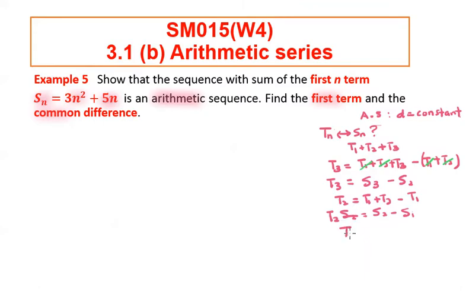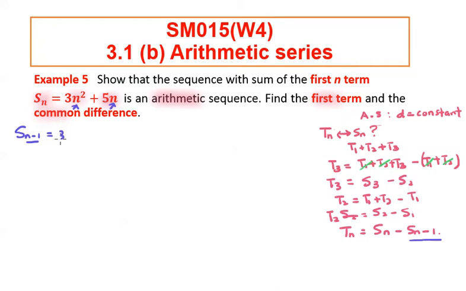So in general, Tn is equal to Sn minus Sn minus 1. First of all, we have to find Sn minus 1, by substituting n minus 1 into the n.